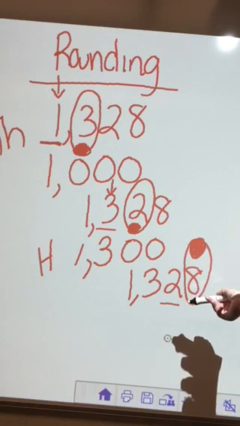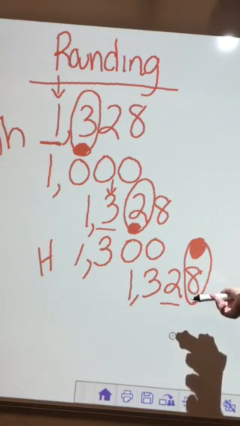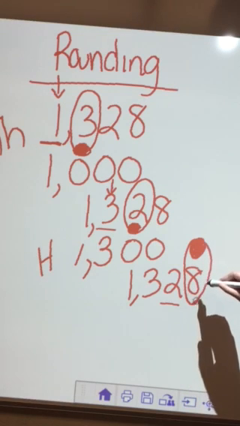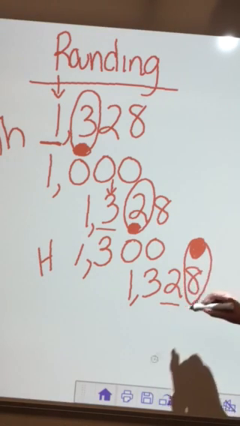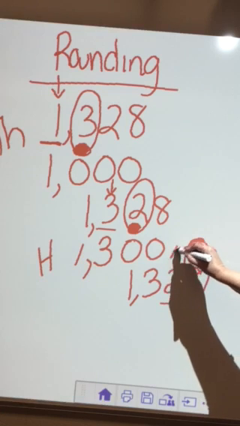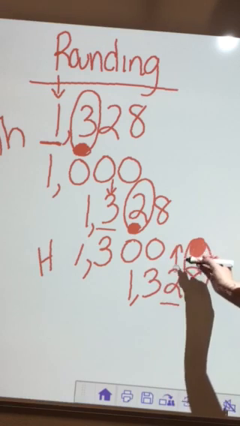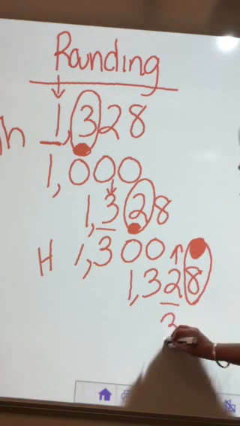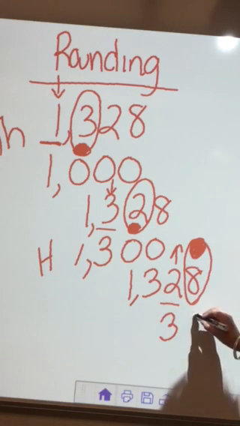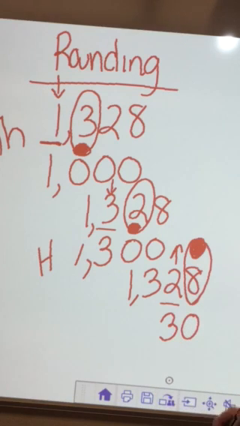I see that's an 8, so I know I have to round it up. My arrow goes above what I underlined. And this is more normal. What does up mean? What's up from 2? 3. Everything after it turns to 0.